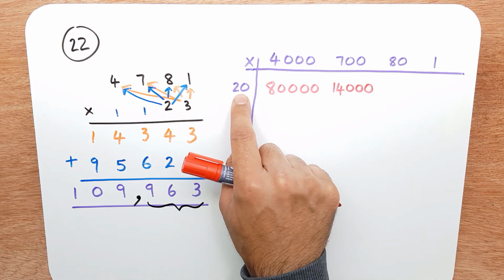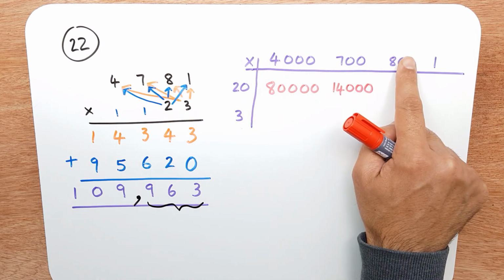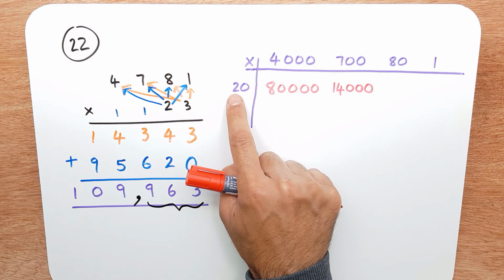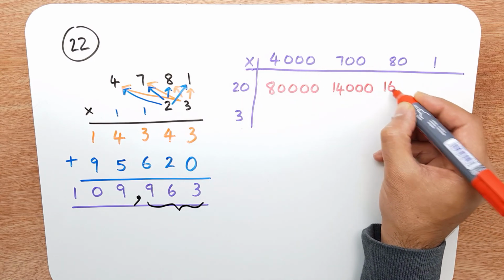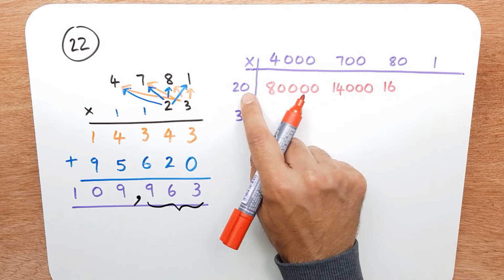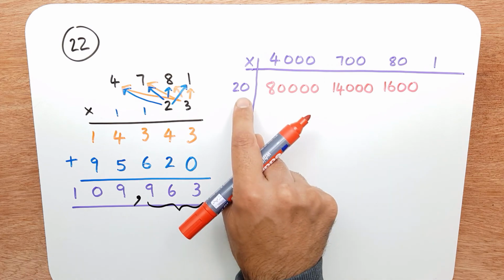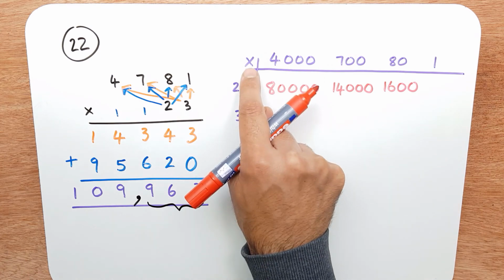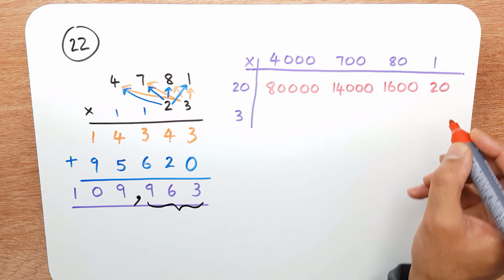Again, I've got 20 times 80, hide the 2 zeros, and it's 2 times 8, which is 16, and I bring these 2 zeros back. And finally I have 20 times 1, which is 20.